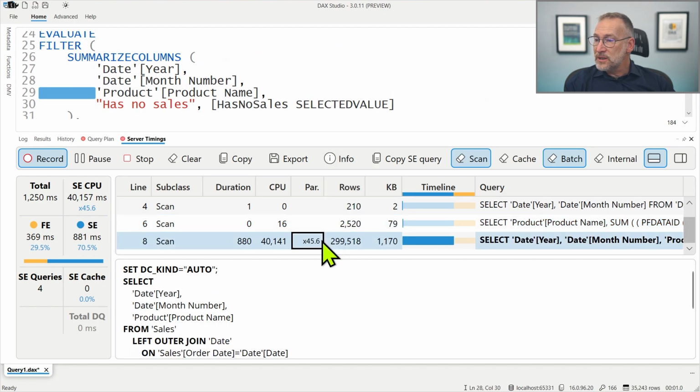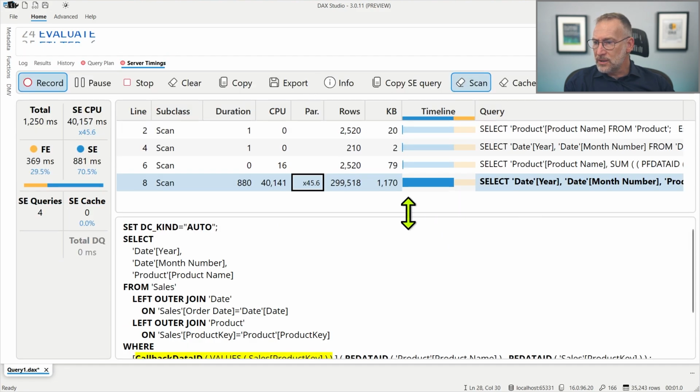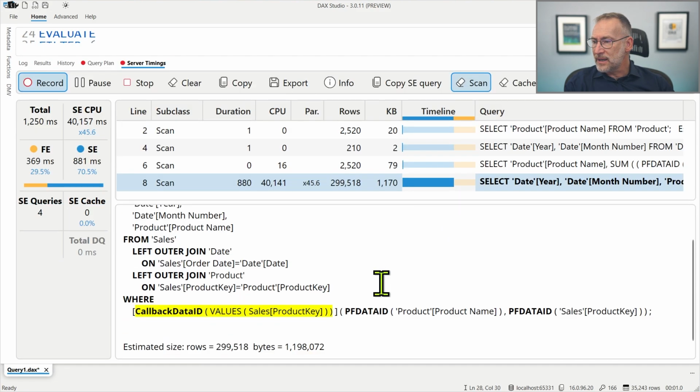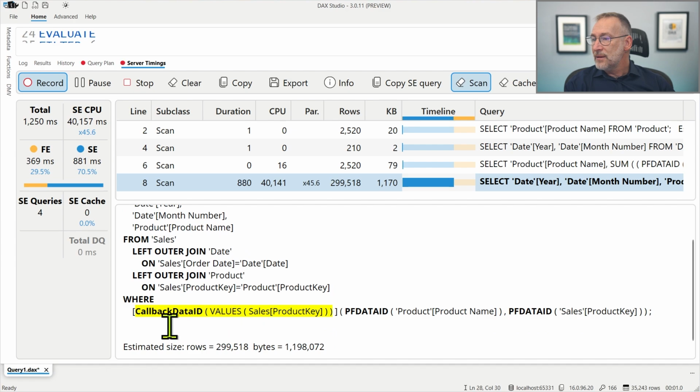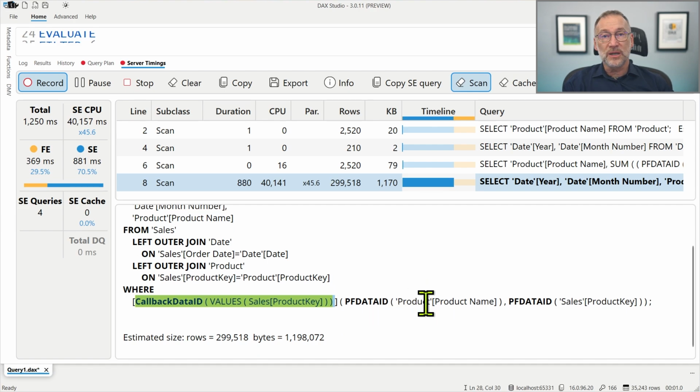And then the last query, the one that takes forever, takes 40 seconds of storage engine CPU, which then, due to parallelism, is reduced to less than 1 second, but still it is using 40 seconds, which is really, really bad, because, being bold, I would expect it to contain a callback. Indeed, we have our usual grouping by year, month number, product name, the join, but in the where condition, we have a callback DTD for the values of sales product key.